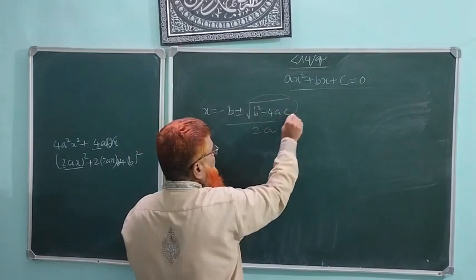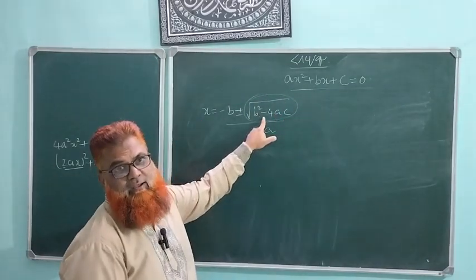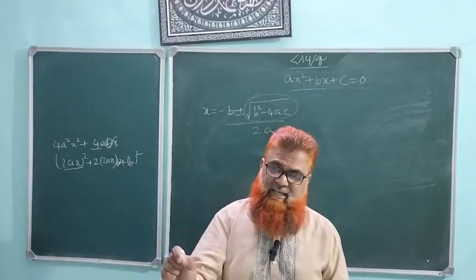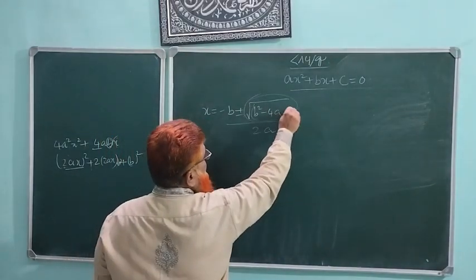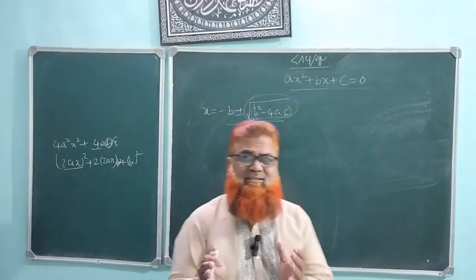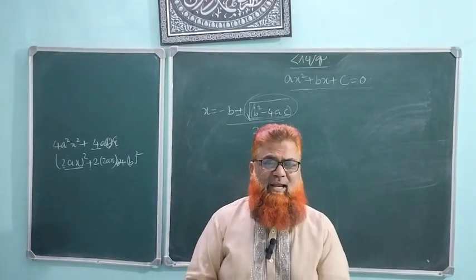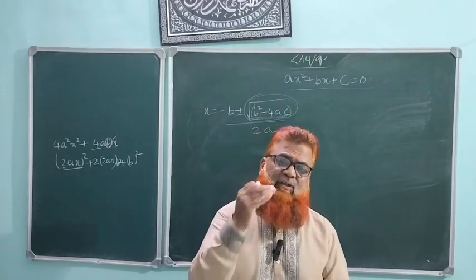Where are all three real numbers present in this particular part? Are you following? Under root of b square minus 4ac, isn't it? So it is going to be a complete one. This is the decisive factor in every quadratic equation to determine the nature of the roots.